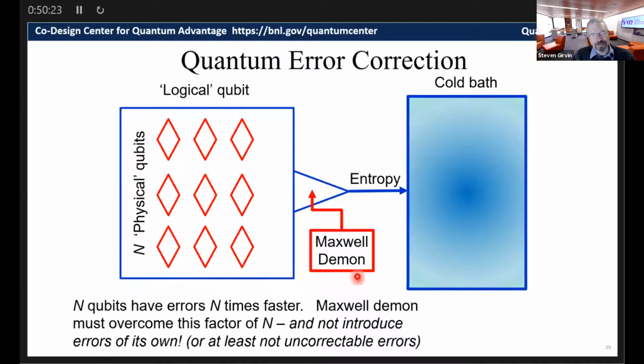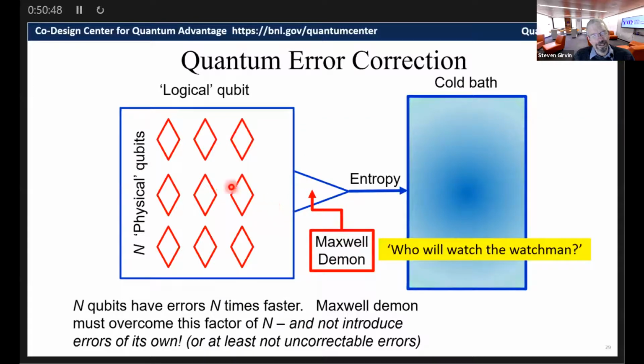And of course, this is made of similar parts as this, and so it has its own errors. And amazingly, there's this concept of fault tolerance, which is roughly, it is possible to design error correction circuits that will still work and correct errors, even though the circuit itself makes errors. This is called the who-will-watch-the-watchman problem.